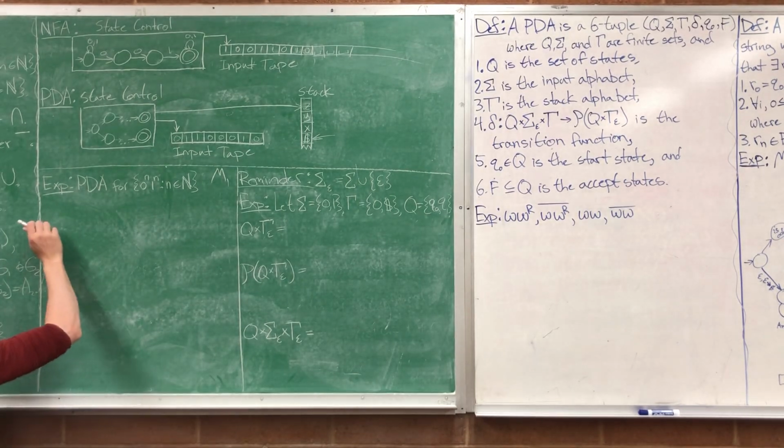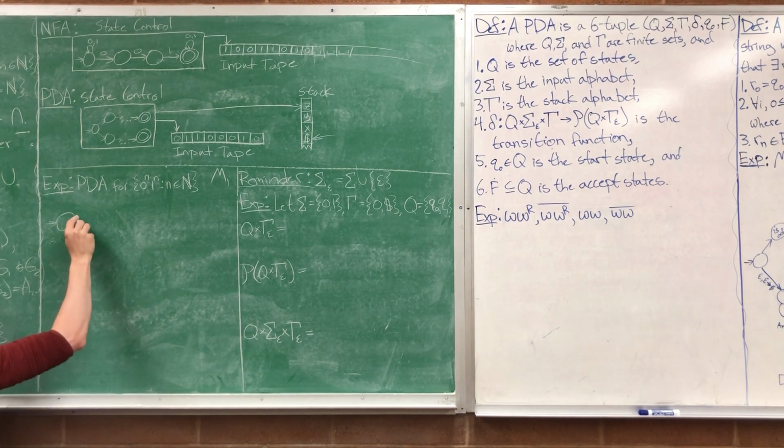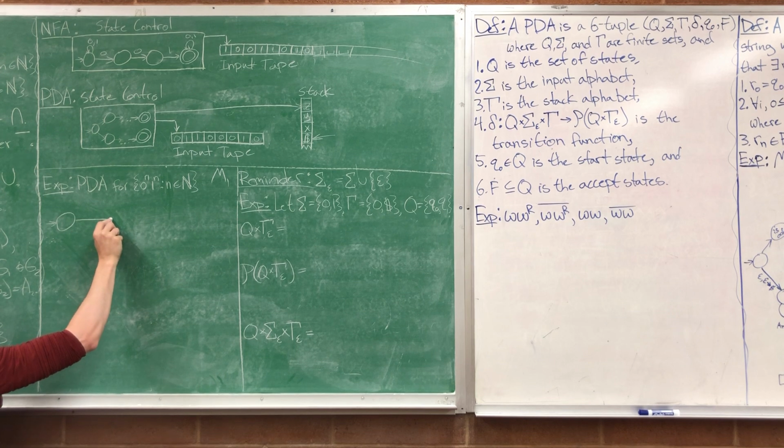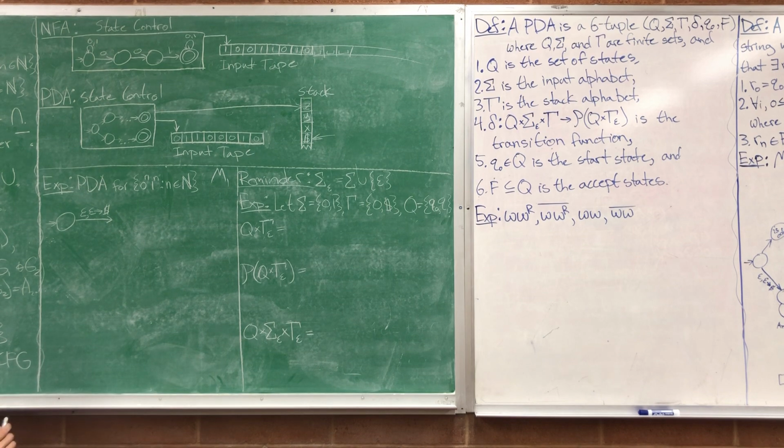Okay. So here we have our start state. So I start at some start state. First thing I'm going to do is, without reading a symbol, I'm going to pop nothing off the stack and push a $ sign onto the stack.